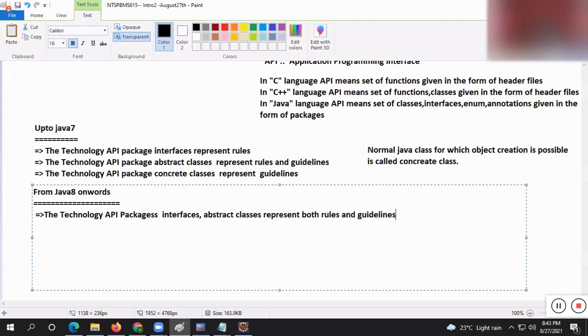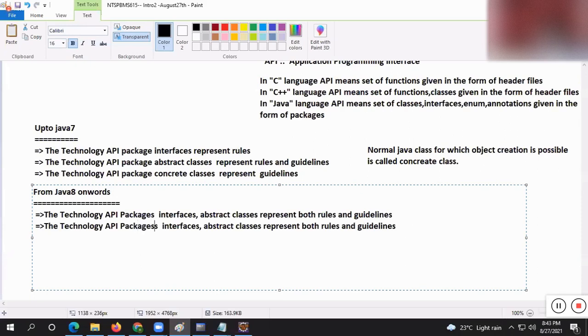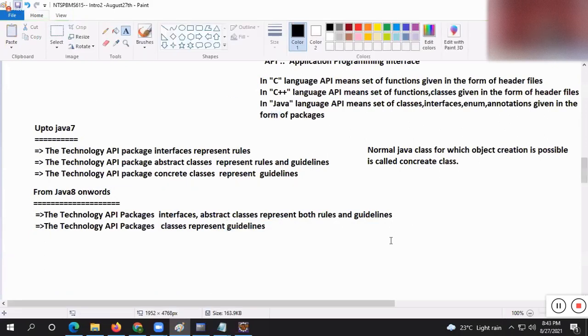Both rules and guidelines. Are you getting my point, guys? In the technology API packages, classes represent guidelines. Are you able to understand something?